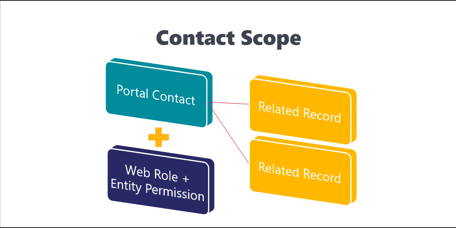Now, when it comes to the portal, the only way to have record level access assigned is for some sort of a relationship to exist from the contact that represents that portal user, the portal contact, to the record in question. A relationship has to be there.